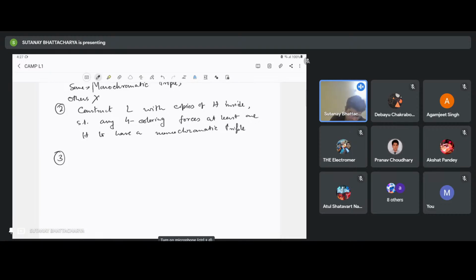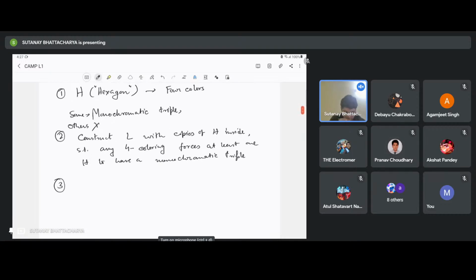Yes. So basically, what we do in this step is we construct a huge graph that has several copies of H inside it, in fact exactly 52 copies, and L will have the property that any good coloring of L with four colors forces at least one of the copies of H to have a monochromatic triple in it.